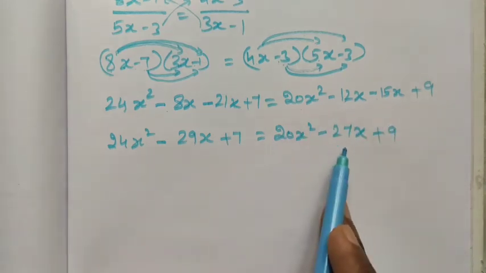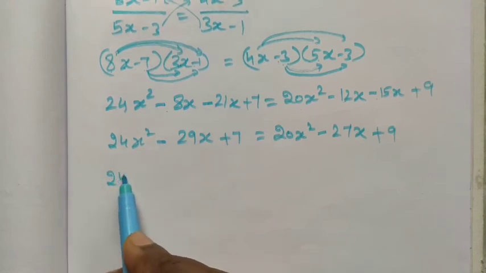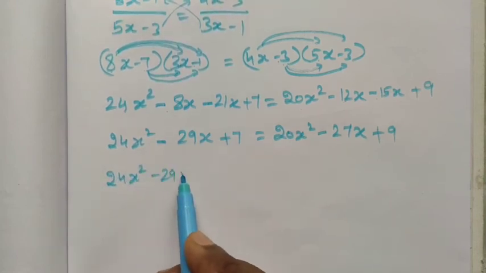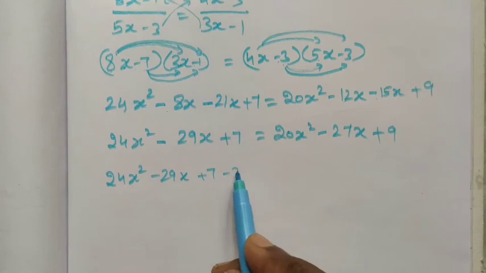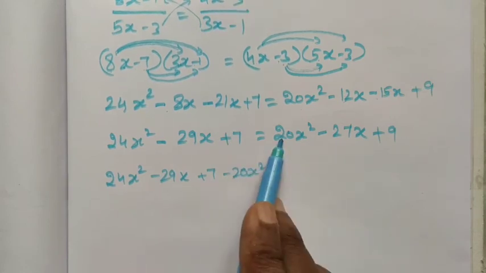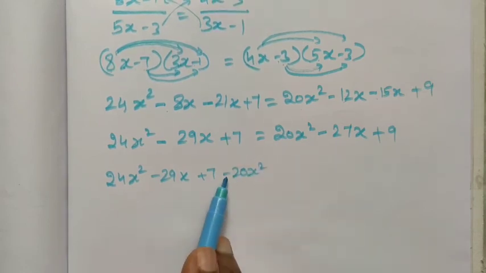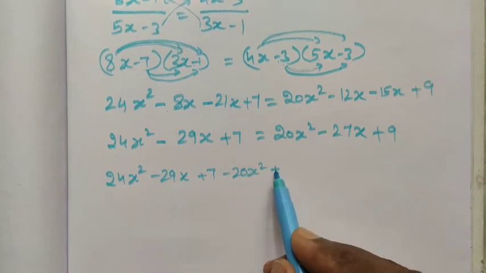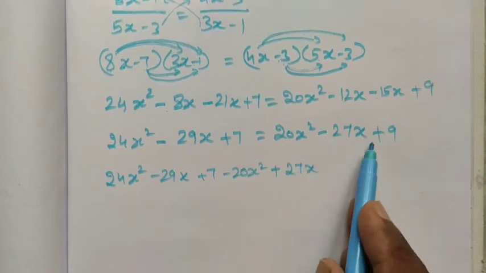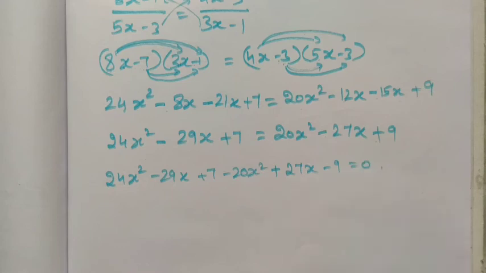I take the whole term to this side: 24x square minus 29x plus 7 minus 20x square. If it is a plus symbol and we take it to the other side, we get negative. Here we have minus, so plus 27x, and here we have plus, so minus 9 equal to 0.